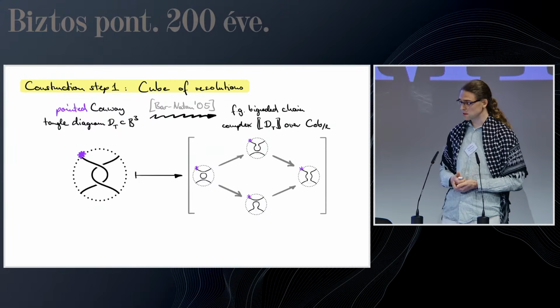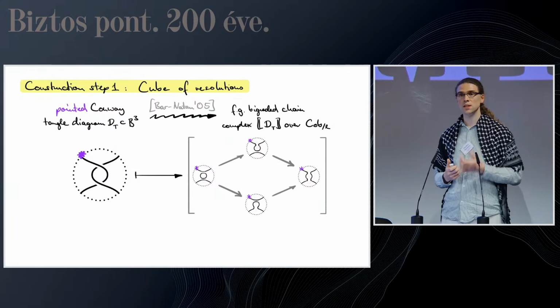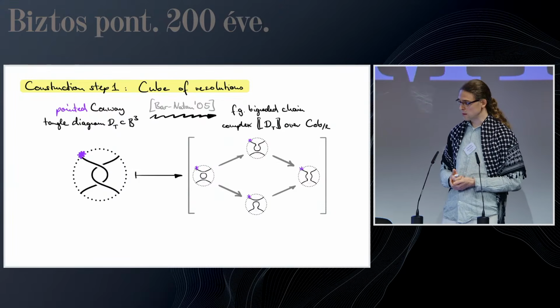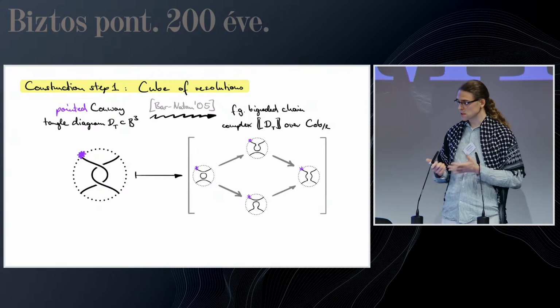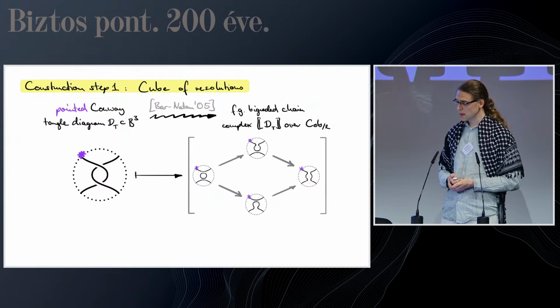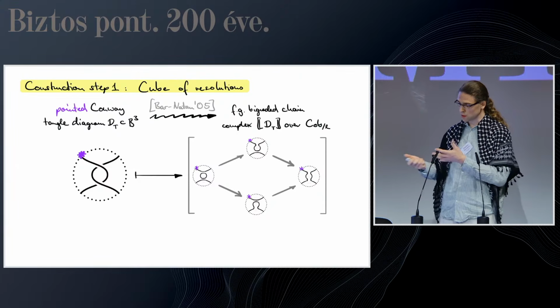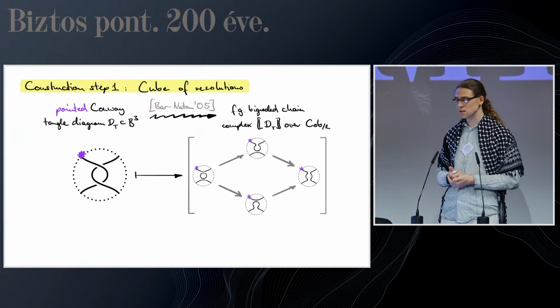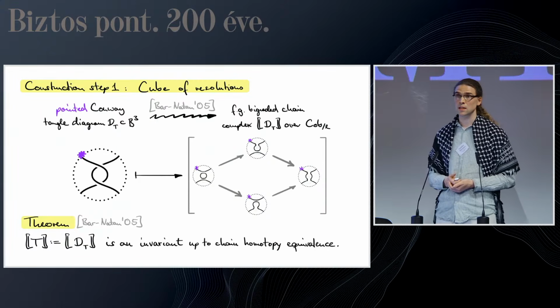Namely, we apply the usual cube of resolutions construction that gives us this cube at whose vertices sit crossingless tangles, and the edges of this cube are labeled by morphisms inside a category called the cobordism category. You can make precise the notion of bigraded chain complexes over this category, and he showed that this is indeed an invariant.